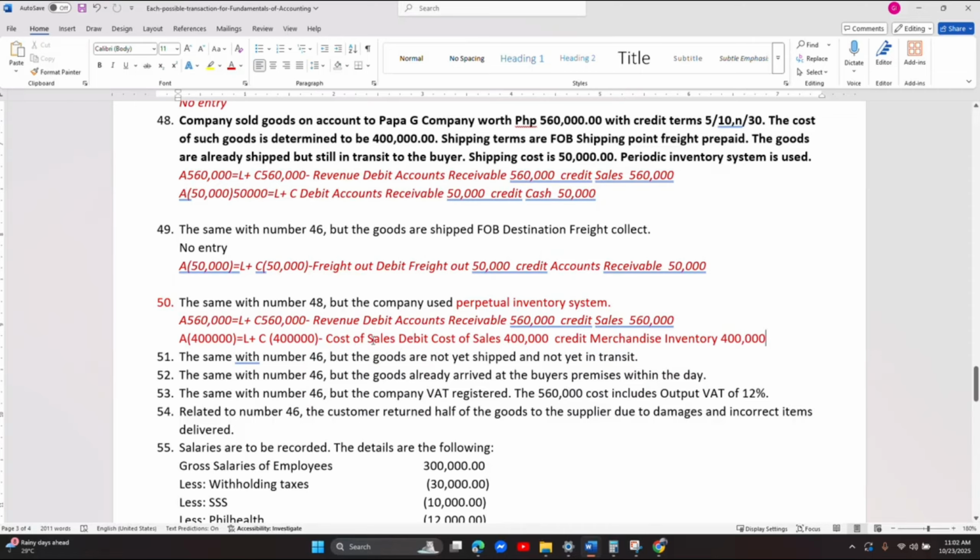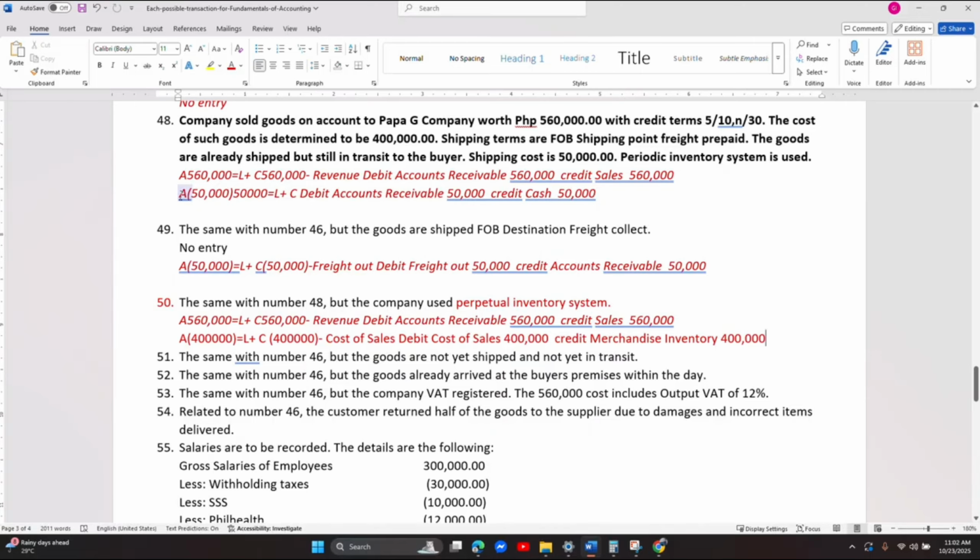In here we debited cost of sales and we credited merchandise inventory because the inventory is going out of the company. When you sell, the inventories will go out of the company. Alright? But when it comes to sales returns, the inventories will go in the company. Okay? So what will happen is that the merchandise inventory will be debited if we're talking about sales returns, and what will be credited is the cost of sales. Okay? So that's it for perpetual inventory system.